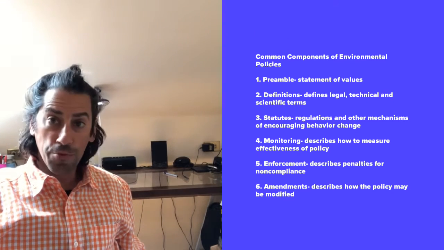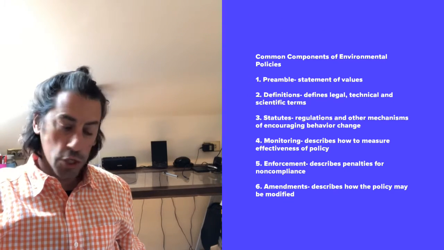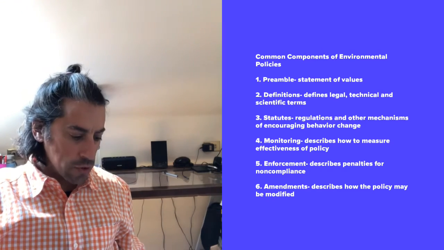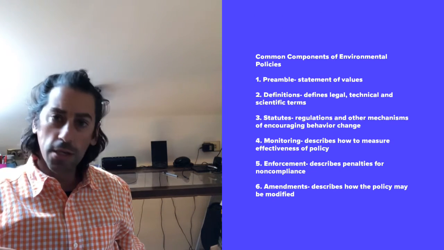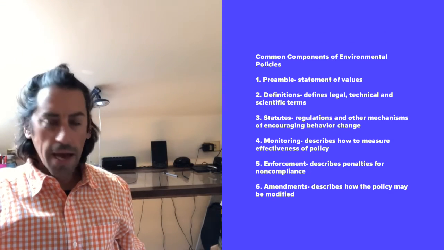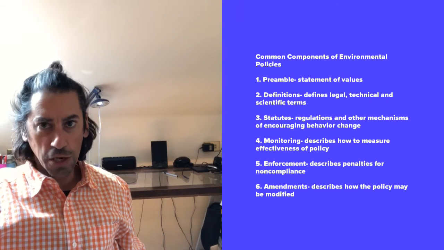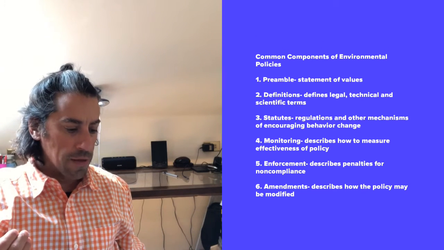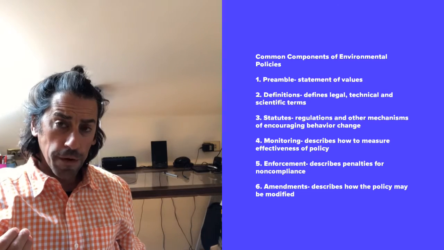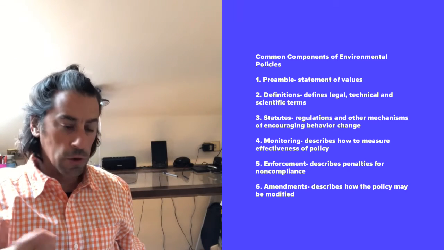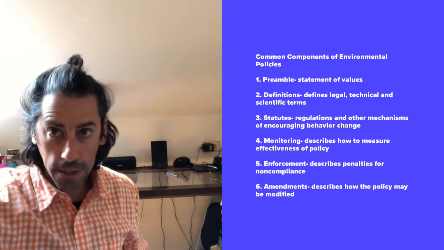And those are the preamble, the definition section, the statutes, the monitoring section, the enforcement section, and the amendments section. I'll break down the main idea of each of those different parts of the policy, and then we'll look for examples in the Wilderness Act.